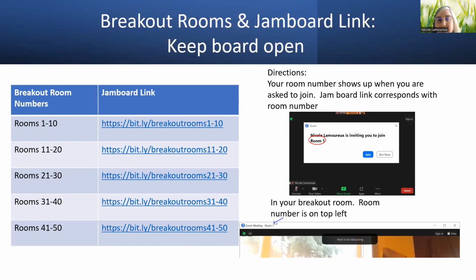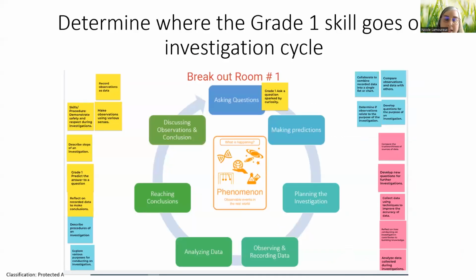If you have more than one tab open, make sure you only have one tab. Rooms 11 to 20 have their own breakout room link, and rooms 21 to 30 have the third. There are going to be about 27 breakout rooms. You each have a link, and the Jamboard tells you at the top when you open it what breakout room it is. You might have to tab over.